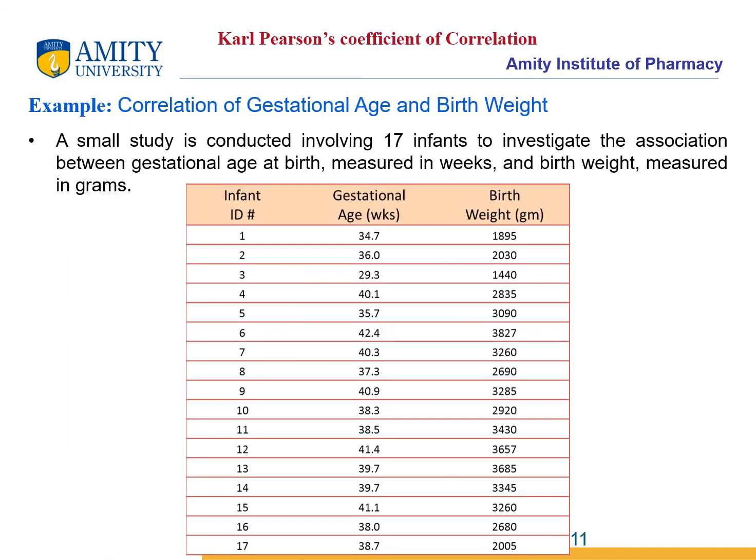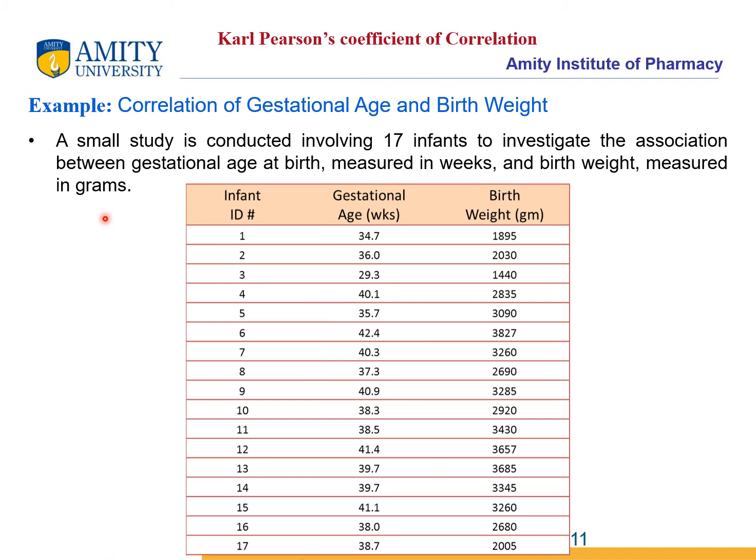Okay. By a different example, we are going to understand more about Karl Pearson correlation coefficient. So, correlation of gestational age and birth weight. Here we are considering these two different attributes.